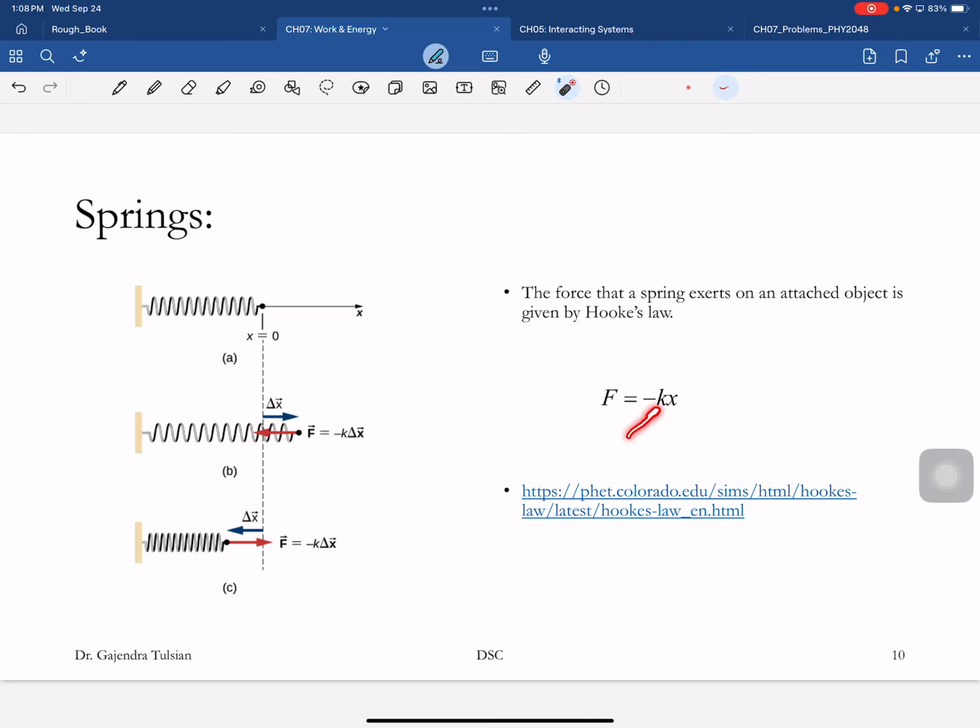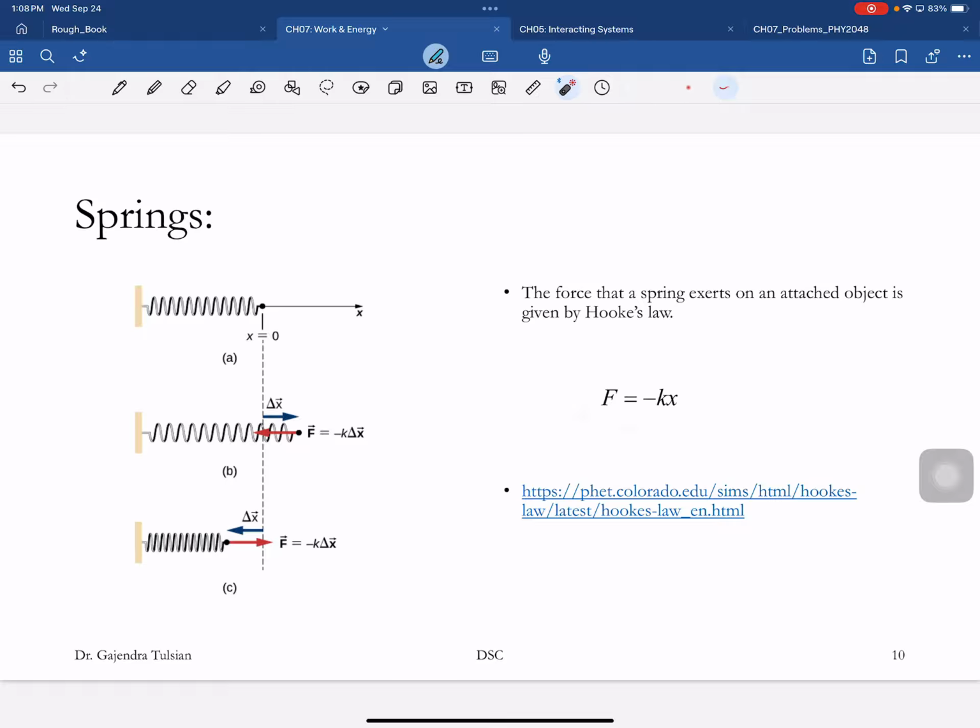The bigger k is, the stiffer the spring is, and the harder, for a given displacement, the spring pulls back. This is known as Hooke's law. Mr. Hooke discovered this.